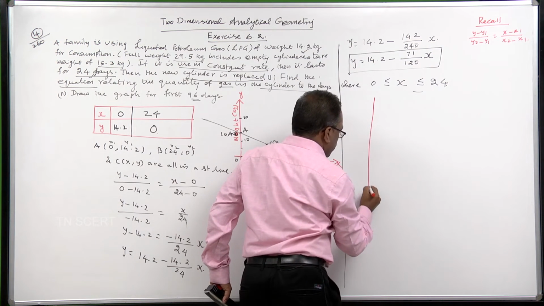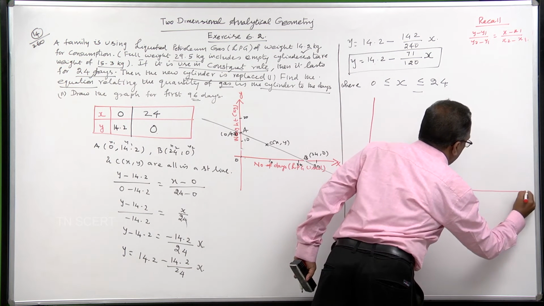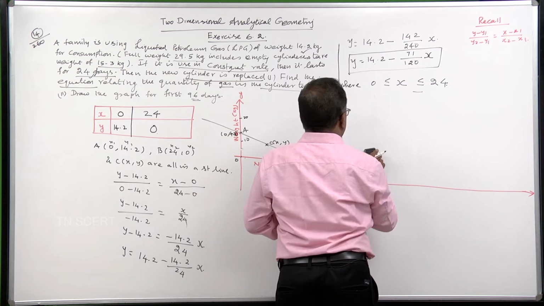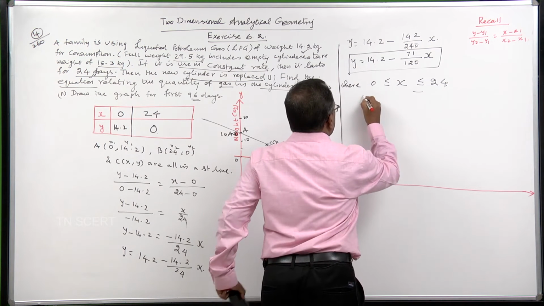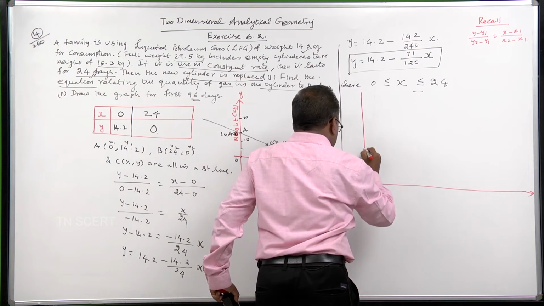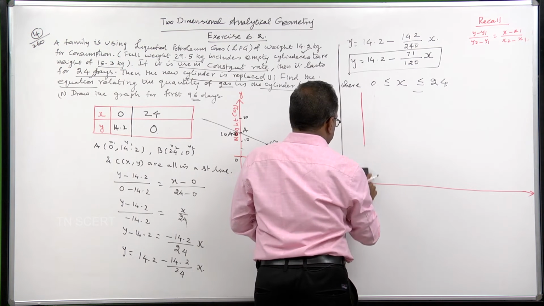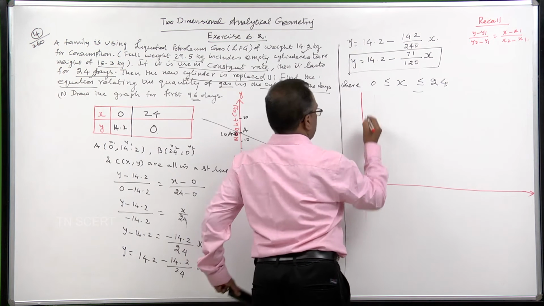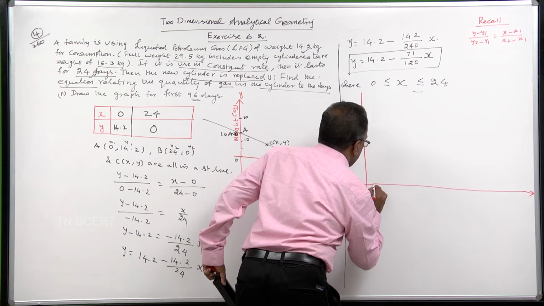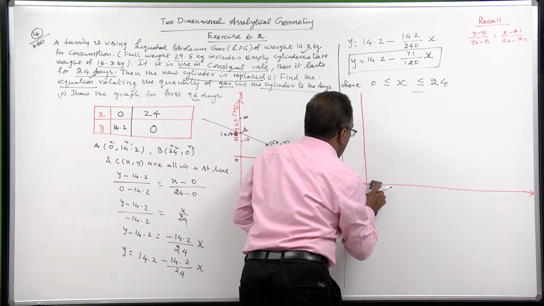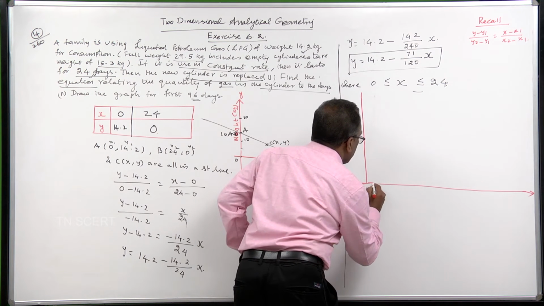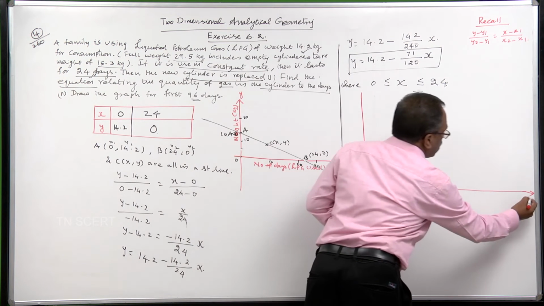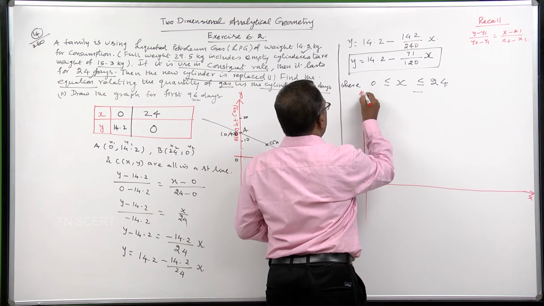In the diagram, now I can take this point as x and this as y. The origin is 0 comma 0, this is the x axis and this would be the y axis.